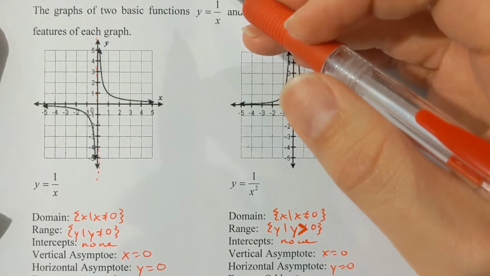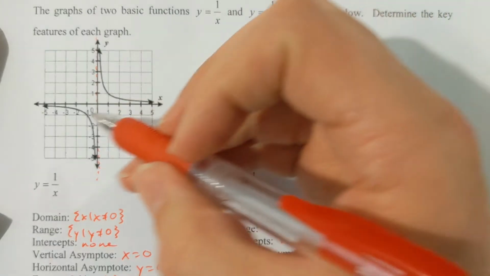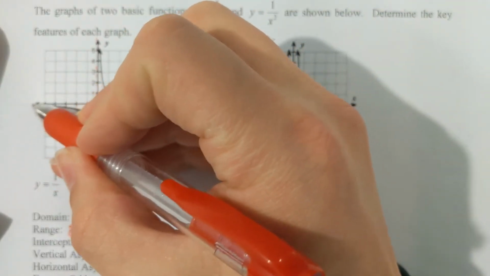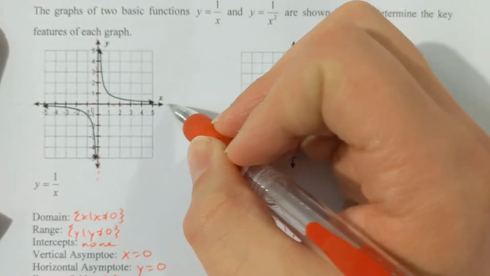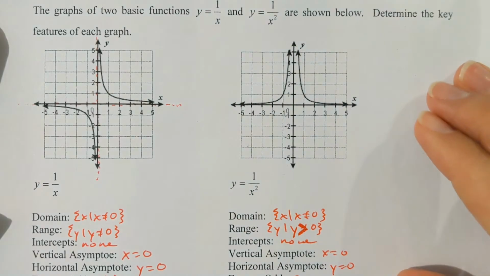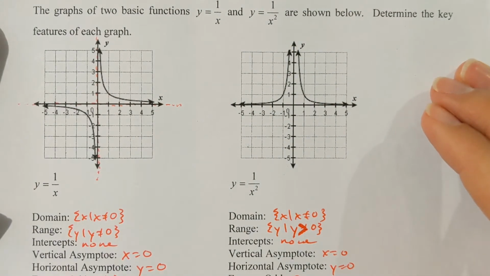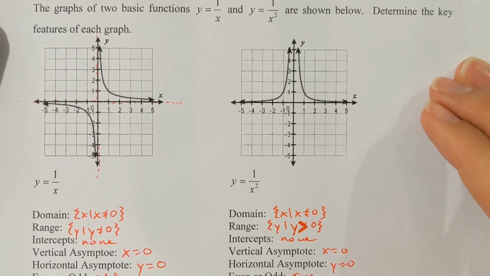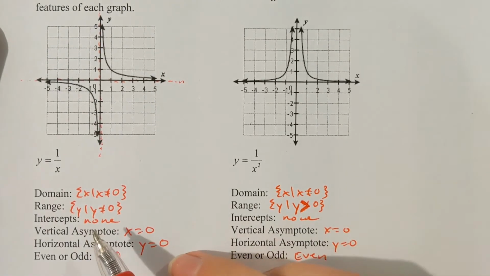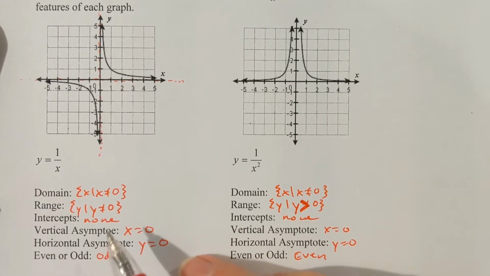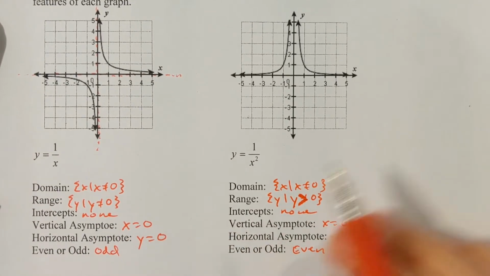And we're also going to have a horizontal asymptote at y equals 0. Again, we would represent that by making a dotted line here. Okay? So the curve is going to approach these two boundaries, but it's never going to get there. Because that would happen, there's no intercepts on the graph, okay, and we've already stated the asymptotes.